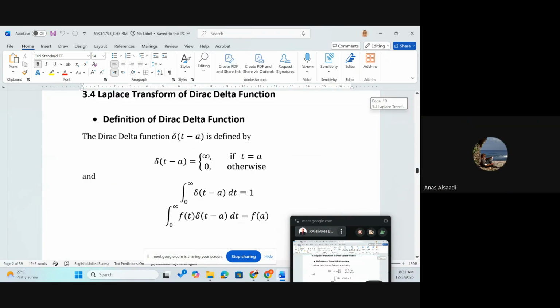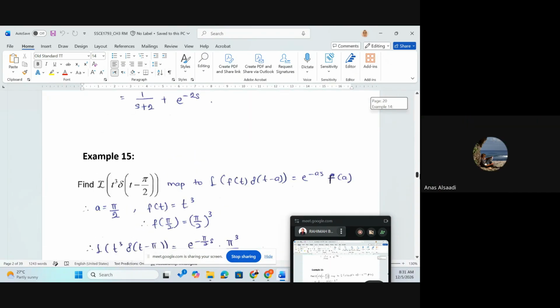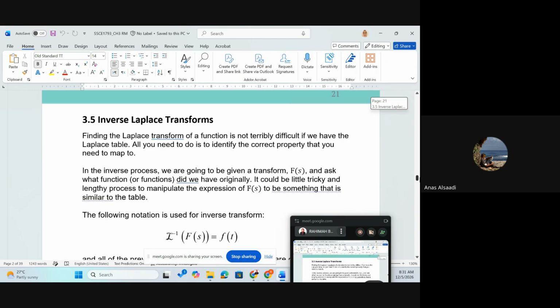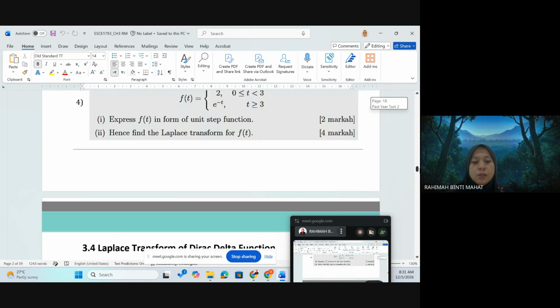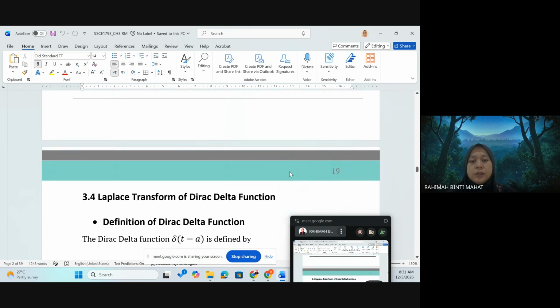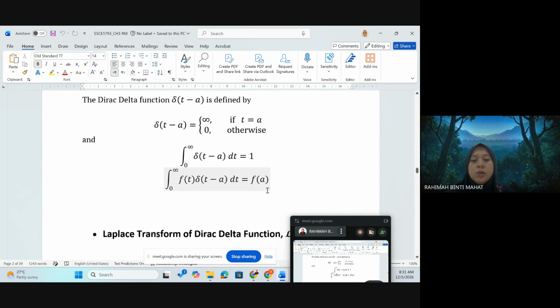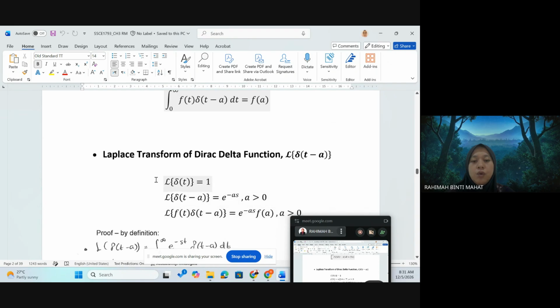Yesterday we learned the Laplace of the Dirac delta function. Okay, and these are the formulas that you need to know. What will you get if you Laplace the Dirac delta function?